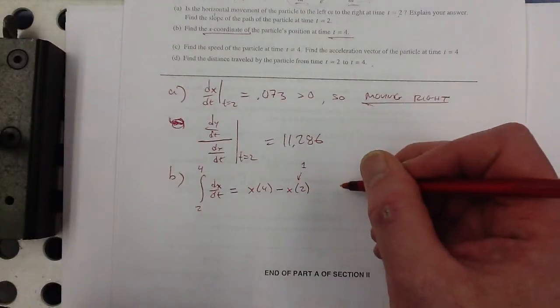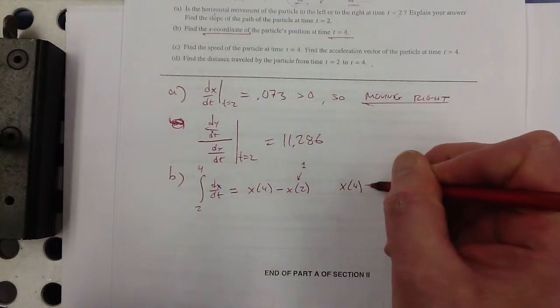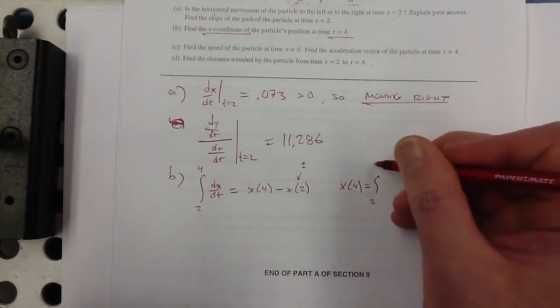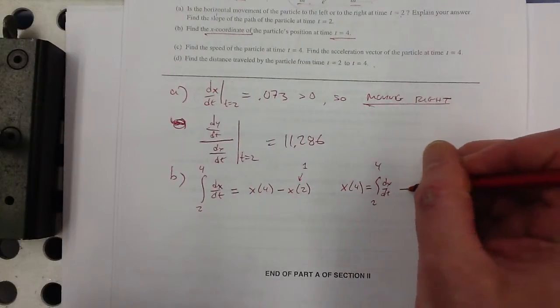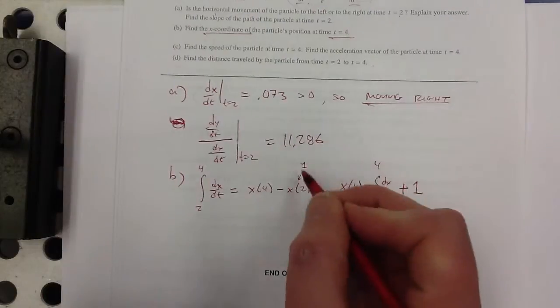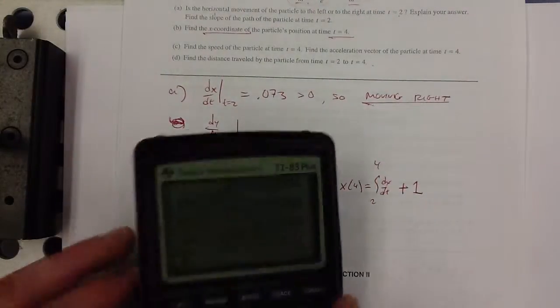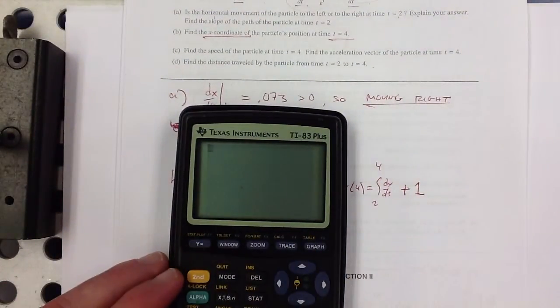So that means x at 4 is equal to my integral plus 1, adding that to the other side. So let's do that.